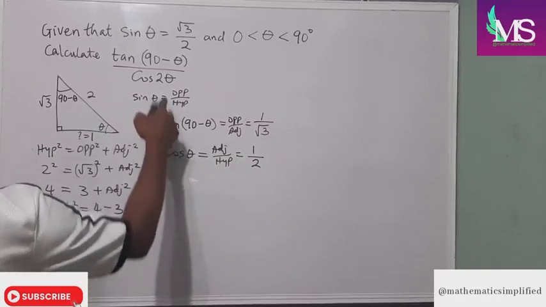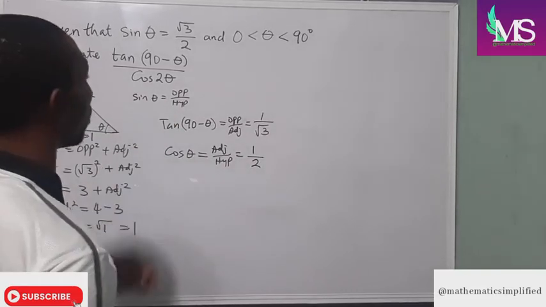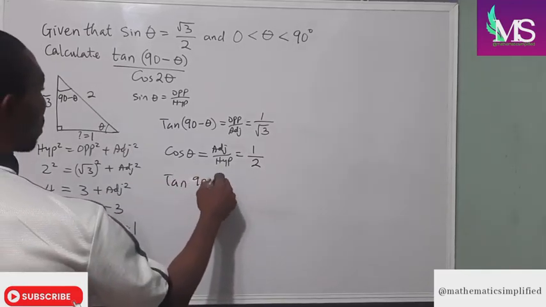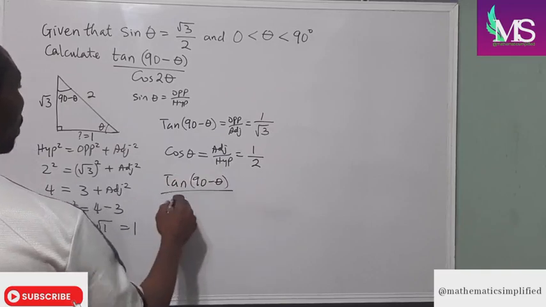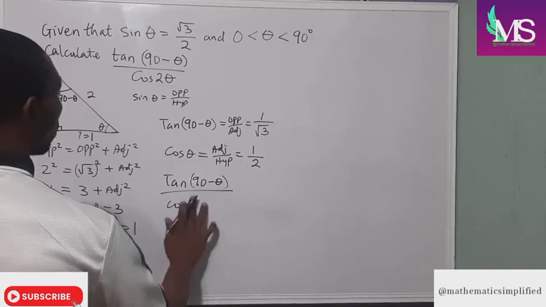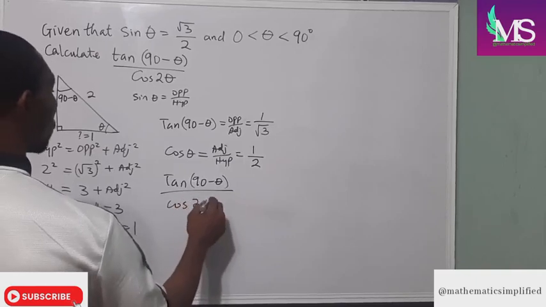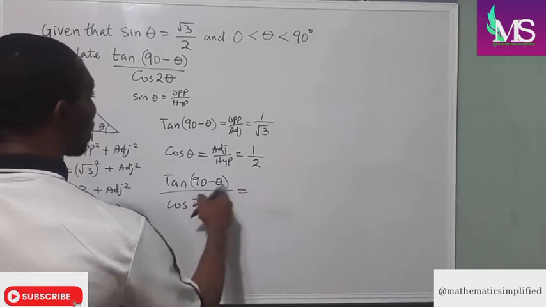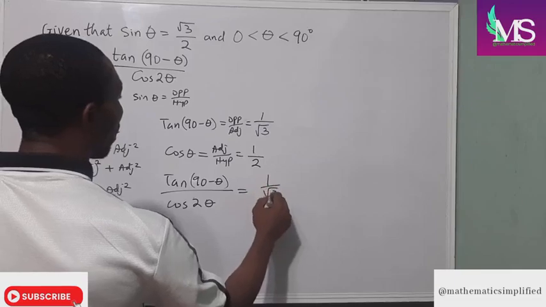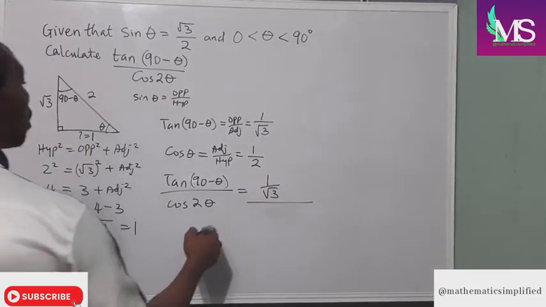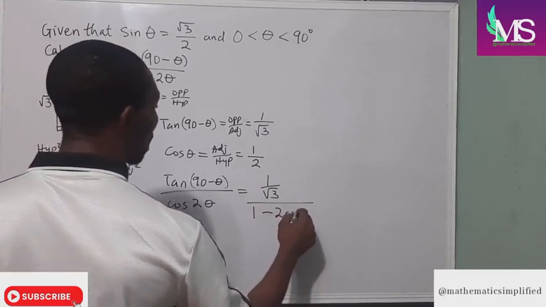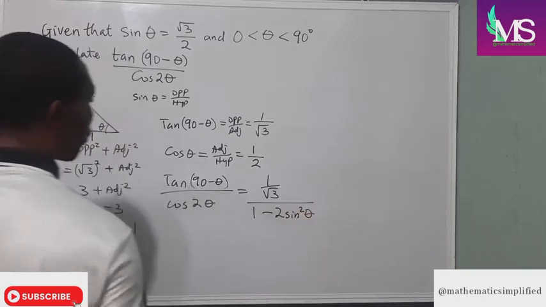But now, from our question, we have tan 90 minus theta all over cos 2 theta. Now we know that tan 90 minus theta is 1 over root 3 and cos 2 theta is 1 minus 2 sine squared theta.